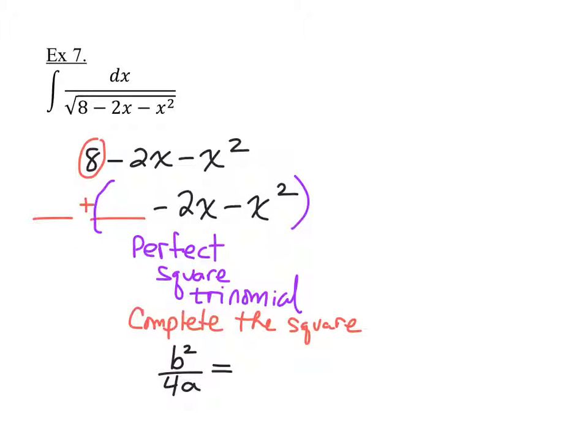Which is the same as taking the b value, cutting it in half, squaring it, and dividing by the leading coefficient. All right, so my b value squared over 4a. So the one weird thing is this trinomial, this quadratic trinomial, is written out of order. So the first one would be the c value, then the b, then the a. So you just got to keep that in mind.